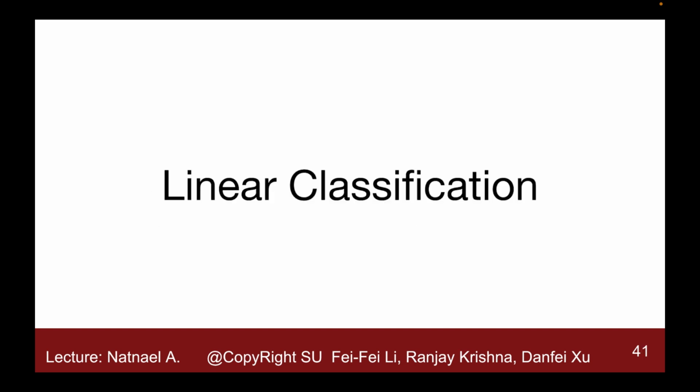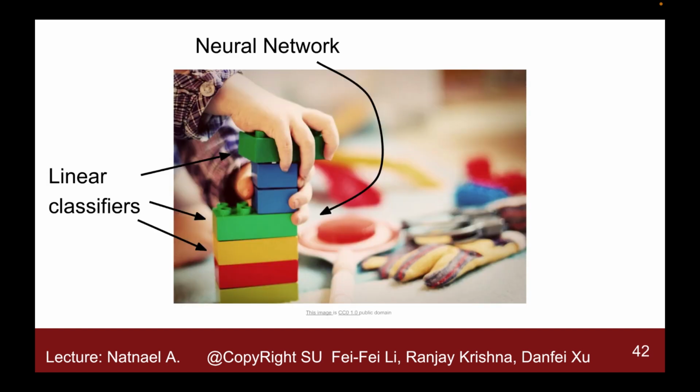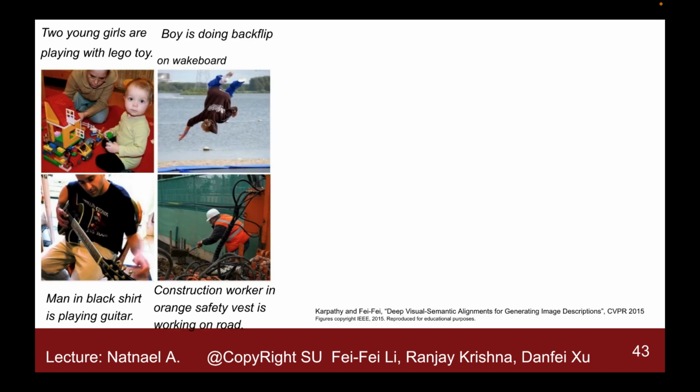That being said about k-nearest neighbor, it's better to talk about linear classifiers. Look at this application, for instance. This is some random model, it could be any model, so we can say it's a linear classifier. It is classifying here these two humans as two young girls playing with a Lego toy.